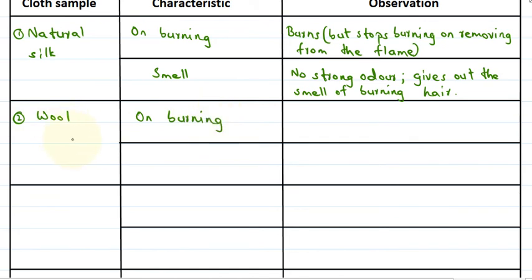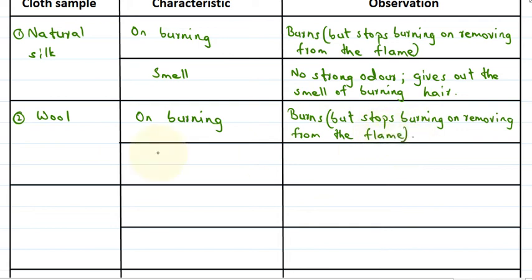Wool is obtained from the fleece of animals like sheep, goat, etc. Wool on burning burns at first, but it stops burning on removing it from the flame.